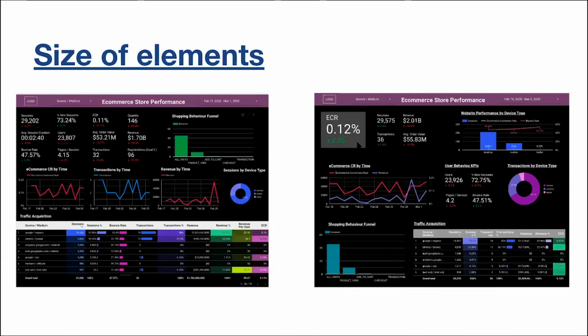So if there is something important you want to show, then use the size of elements and make it bigger. However, again, I'm sure that you will consider the majority of your data points super important, but of course, I suggest you prioritize them and choose truly the most important elements.